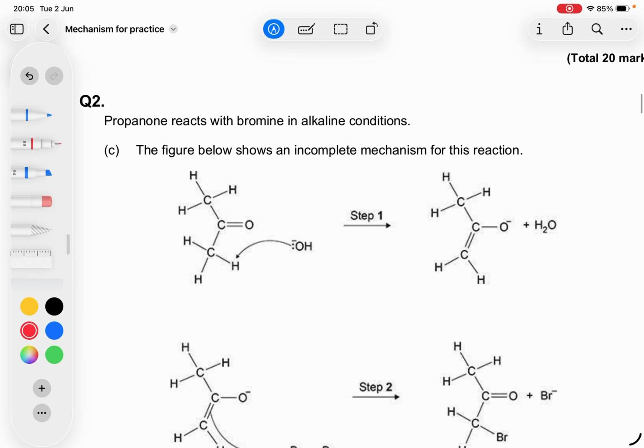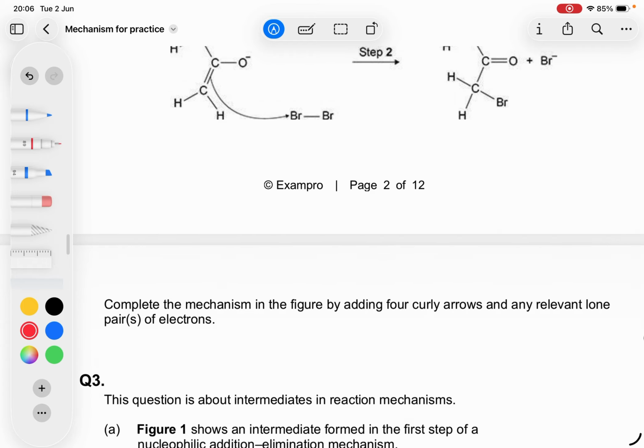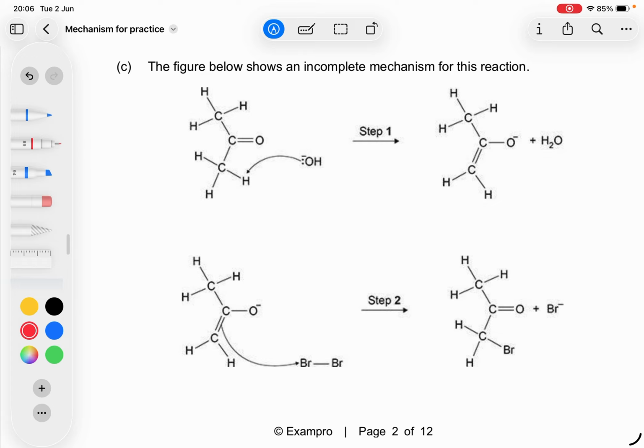Let's go to propanone reacting with bromine in alkaline conditions, and complete the mechanism in the figure by adding 4 curly arrows and any relevant lone pairs. So it's not your traditional mechanism, is it? However, let's look at step 1, look at the changes. Here's a change, which means this nucleophilic reaction is happening.